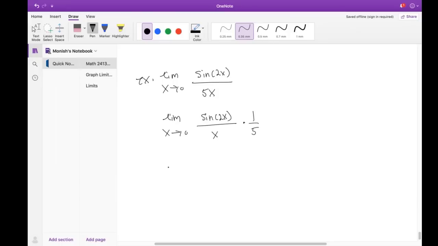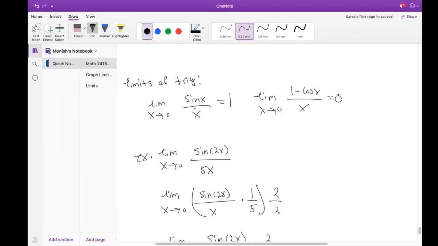And now what I can do is multiply the top and bottom by 2 over 2. So if I do that now, I can have sine of 2x over 2x times 2 over 5. So it's the same thing, I'm just rewriting it so that I can have it in a format that looks like this.